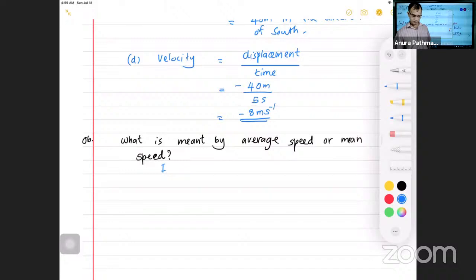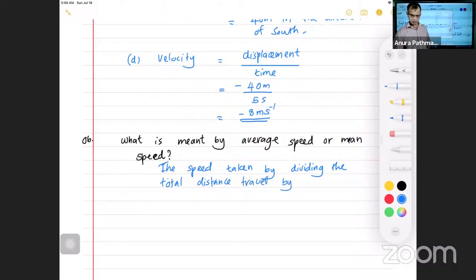The speed taken by dividing the total distance traveled by total time taken.